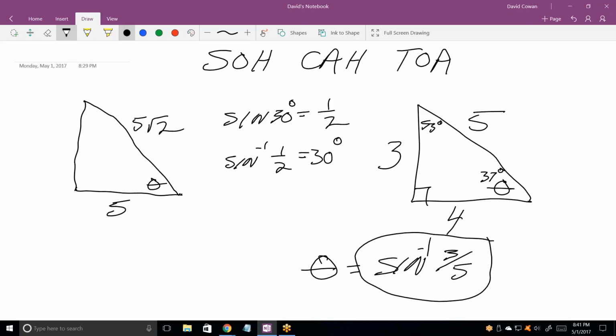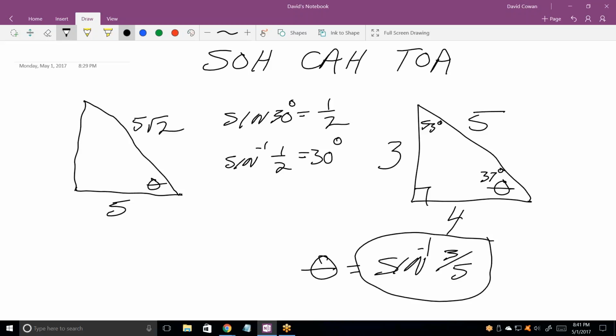But yeah, they spend 2 years teaching you this 3, 4, 5 right triangle, and nobody ever tells you what those two angles are. Because those angles aren't the important part of the triangle. The important part is that this is the smallest right triangle that has integers as its sides.